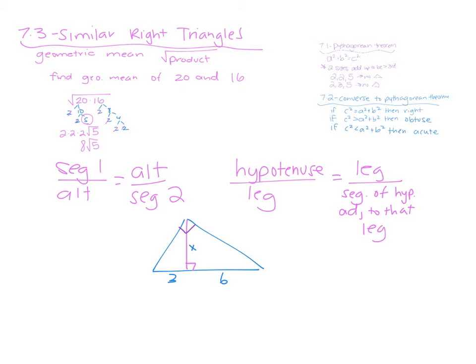So I know I'm going to use segment 1 over altitude equals altitude over segment 2. So this would be 3 over x equals x over 6. Then cross multiply and square root. That's a 3? That's a 3, yep. And this is 2 and 9, which is 3 and 3. And I get 3 root 2.